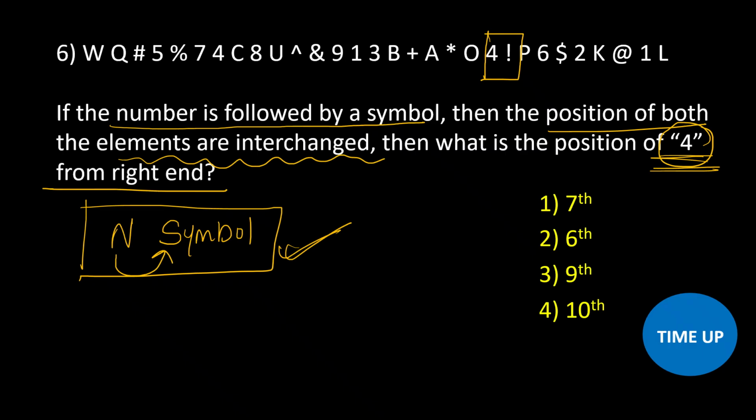So if a number is followed by a symbol, the elements are interchanged. So here the exclamation mark will come and here 4 will come. What is the position of 4 from the right end? 1, 2, 3, 4, 5, 6, 7, 8, 9. So the position of 4 is ninth. So ninth will be the right answer.